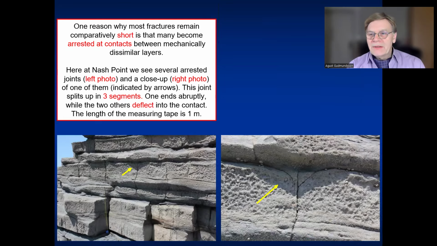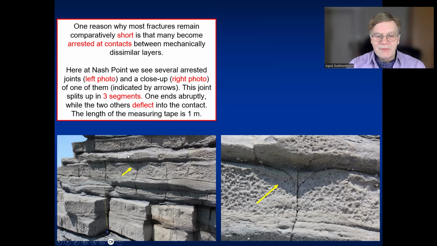So one reason why many fractures in general and joints in particular become or stay short, propagate for a short distance, is that they become arrested, commonly at contacts in vertical sections like you see here, at contacts between mechanically dissimilar layers.